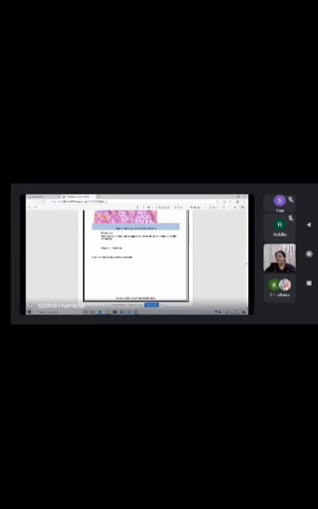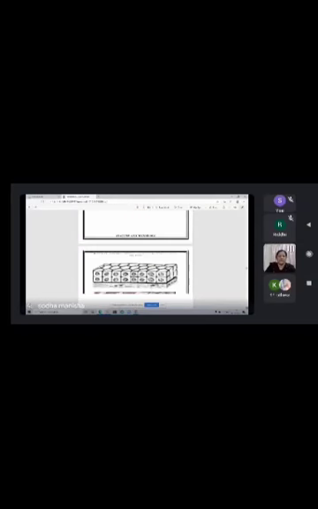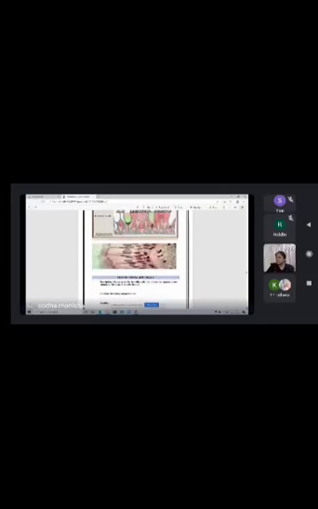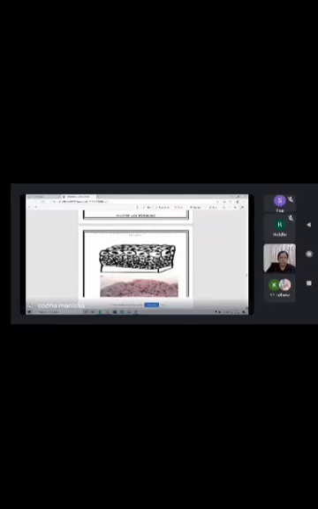Now, the second type of tissue present in our body is connective tissue. Connective tissue, as the name suggests, serves as a binding structure between two tissues.